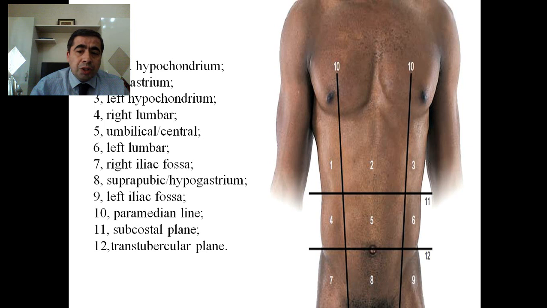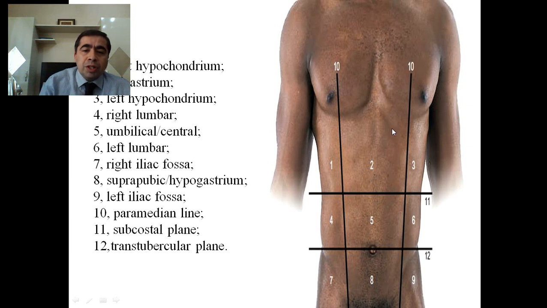And the two vertical lines are drawn between the midpoint of the clavicle superiorly and the midpoint of the inguinal ligament inferiorly. By these two vertical and two horizontal planes, we divide the anterior and lateral abdominal wall into three stories.